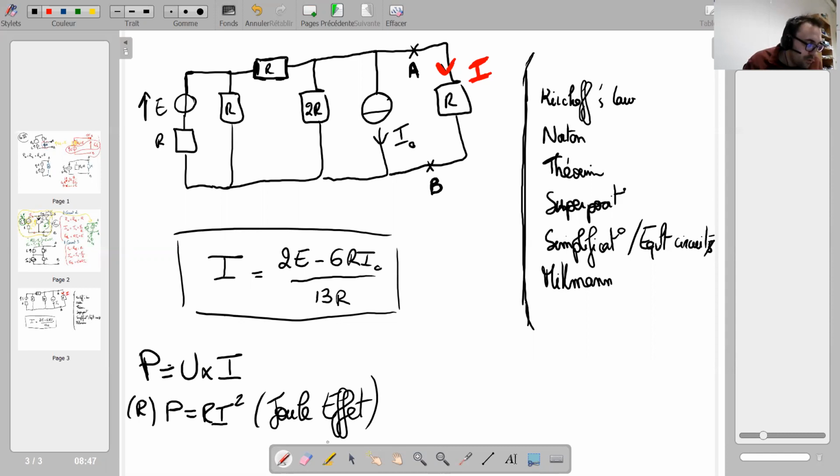Were you able to find the current at least once using one of these methods? Or are you blocked or completely lost? I have a similar result, but I probably made a mistake somewhere and I can't find where. I have 6E plus 6R I0 divided by 13R.